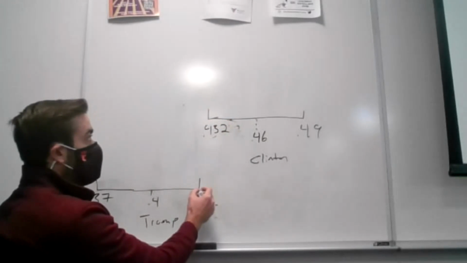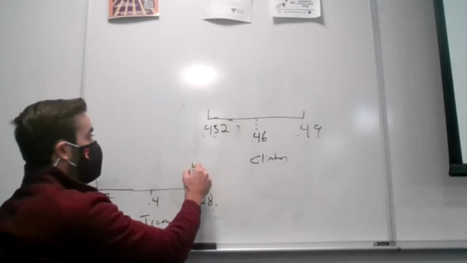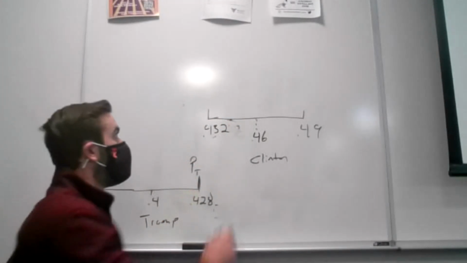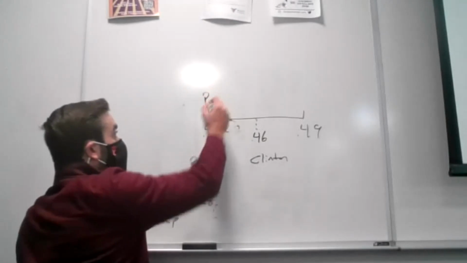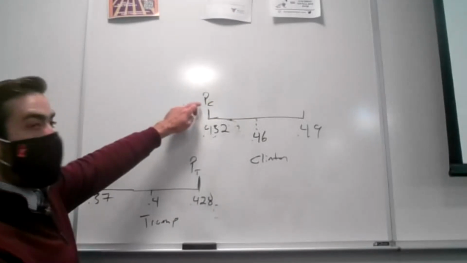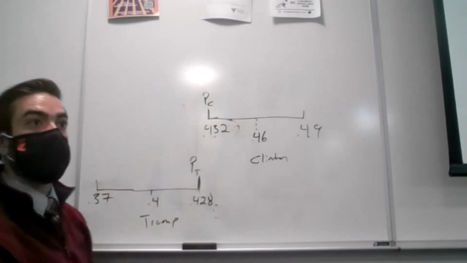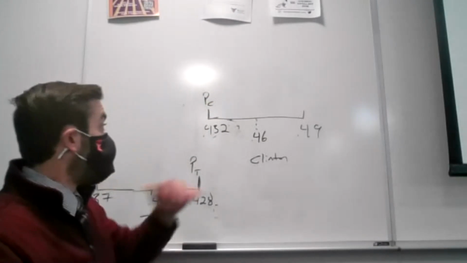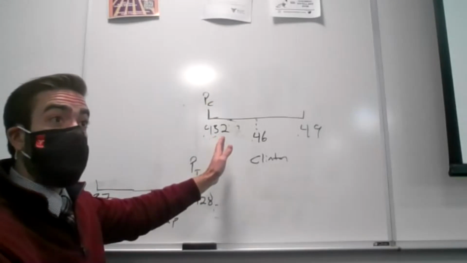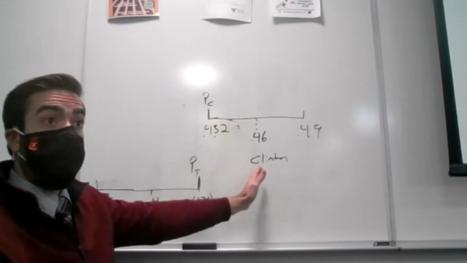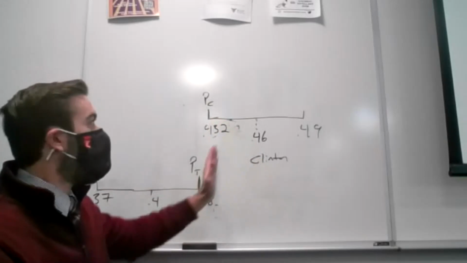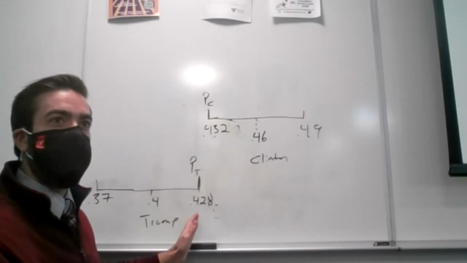And now you can see that at the 90% level, if we took the highest value in Trump's confidence interval, and the lowest value for Clinton, her population proportion would still be greater than his, right? And so this allows us to say, with 90% confidence, that Clinton will receive more than Trump will, right?